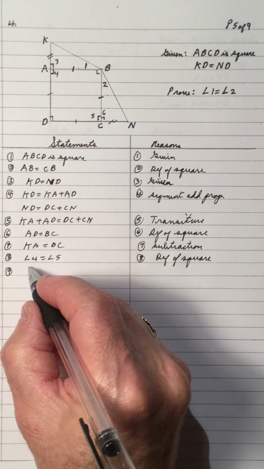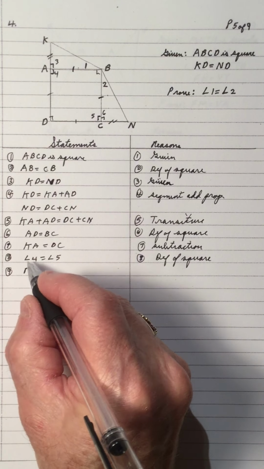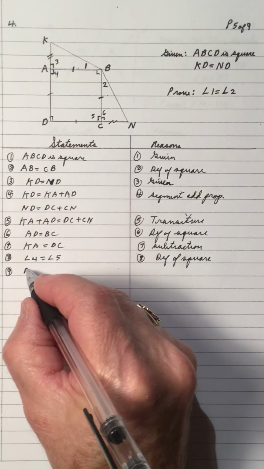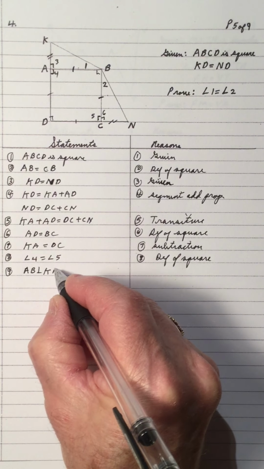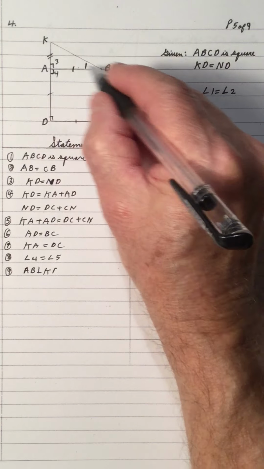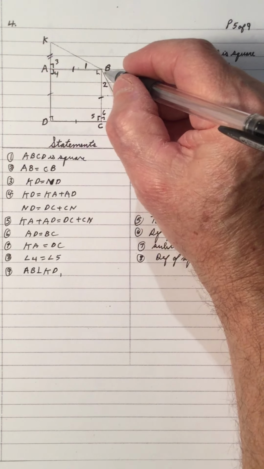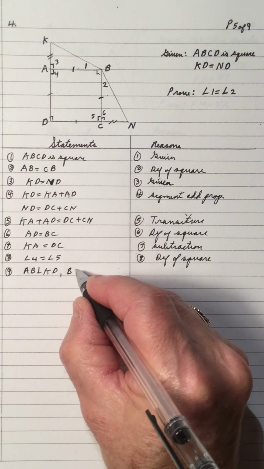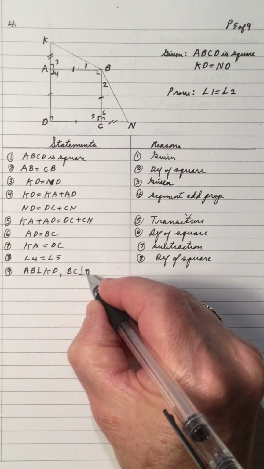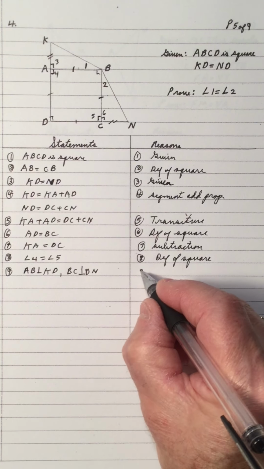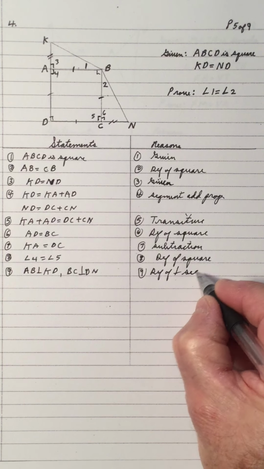Now we have a perpendicular here, so AB is perpendicular to KD, and we have BC perpendicular to DN, by the definition of perpendicular segments.